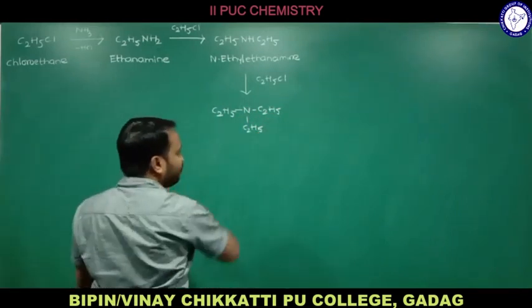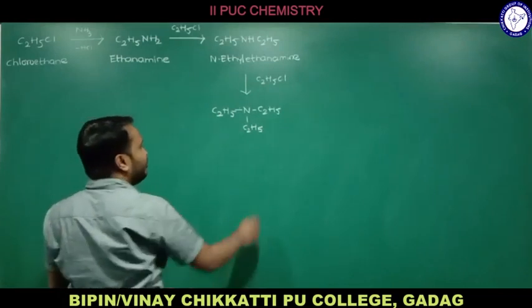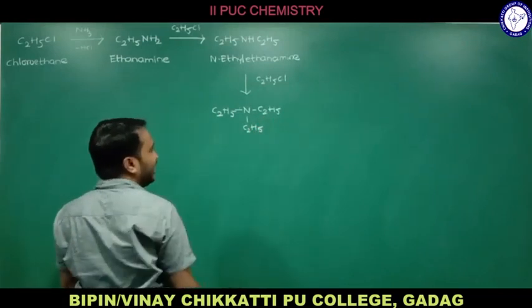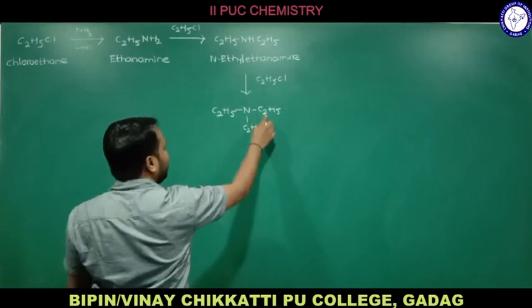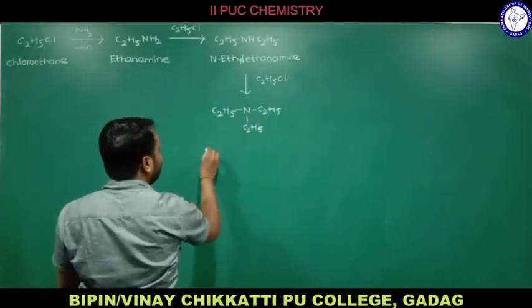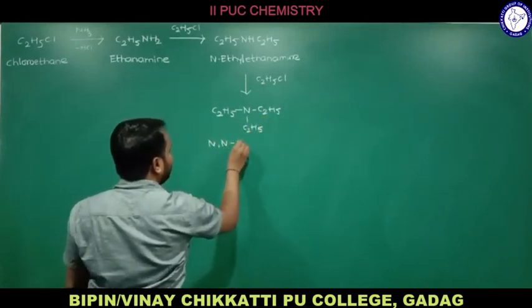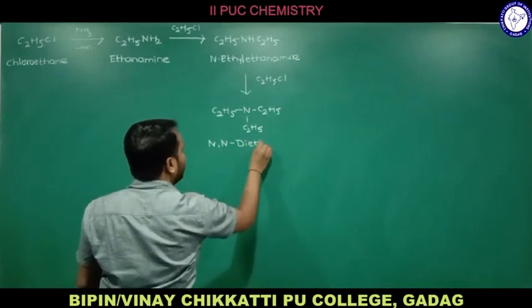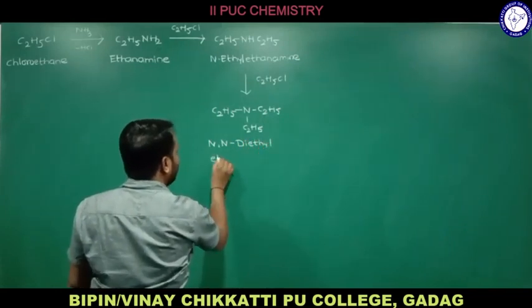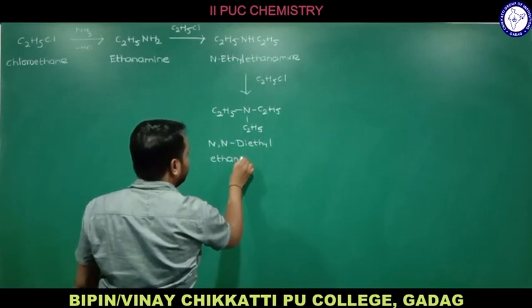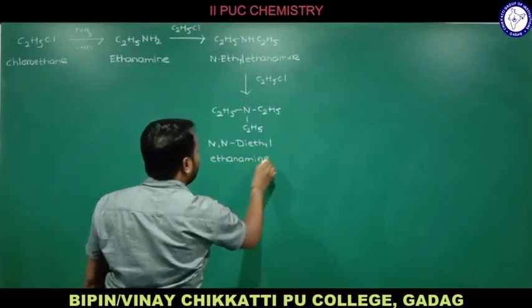And the name of the compound we'll see now. Here we have ethyl group and ethyl group, so N,N-diethylethanamine will be the IUPAC name of that one.